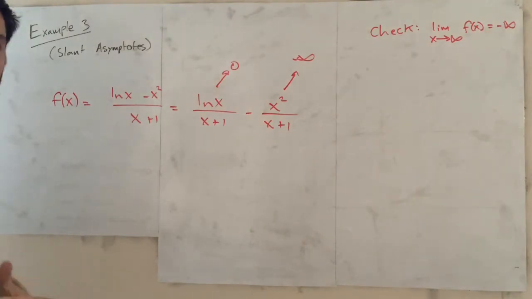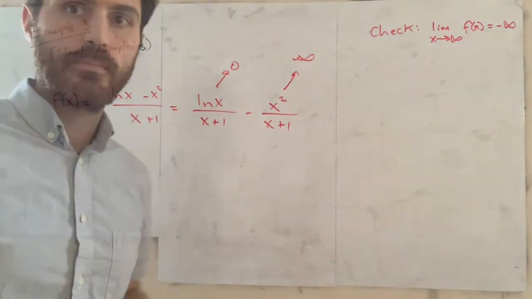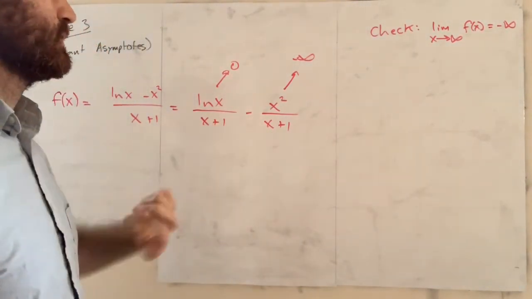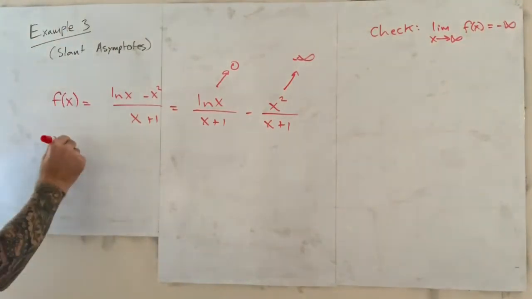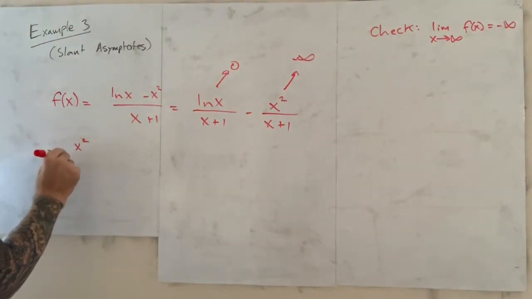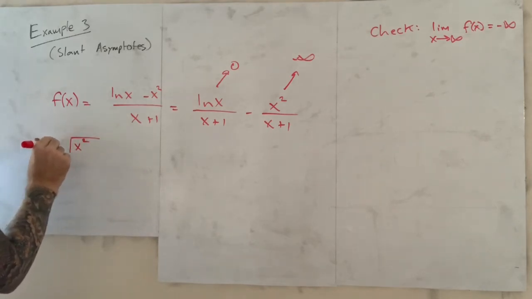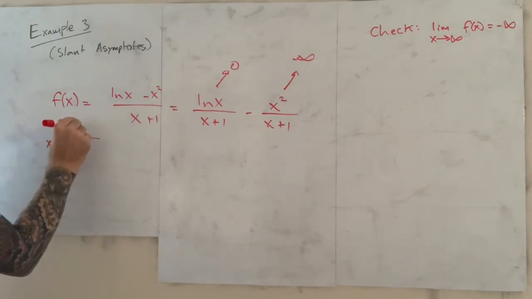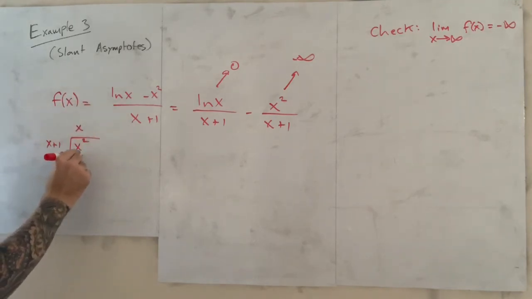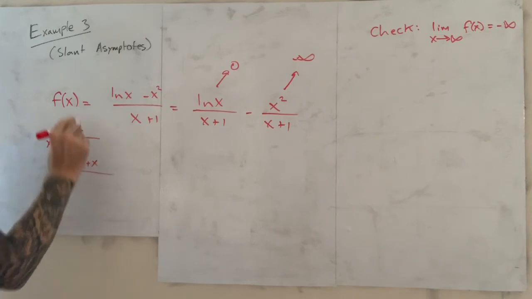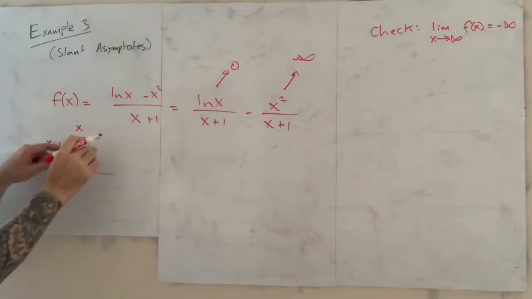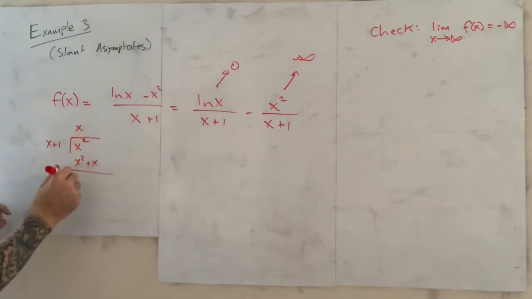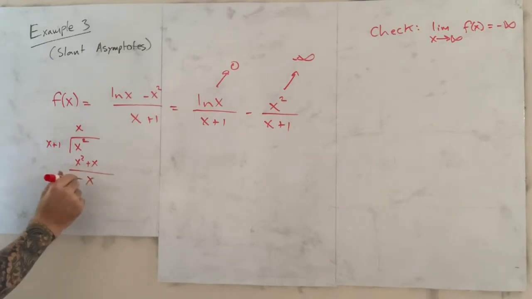But how exactly is it going to go to negative infinity? So we want to do some long division here. So we want to take x squared and divide it by x plus 1. So remember your rules of long division. You're going to get an x up here, then it's going to be x squared plus x here, and you're going to subtract this from this, and you're going to get negative x.